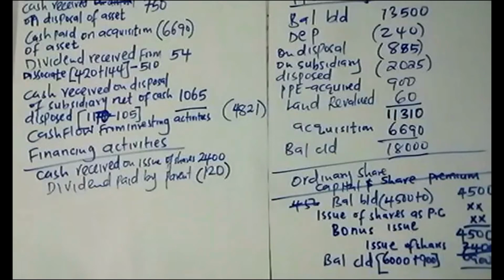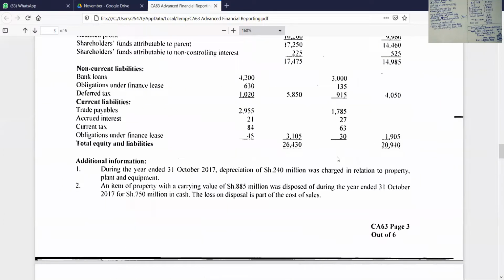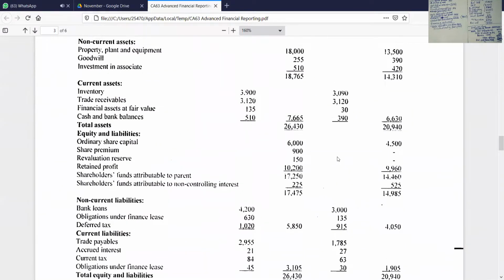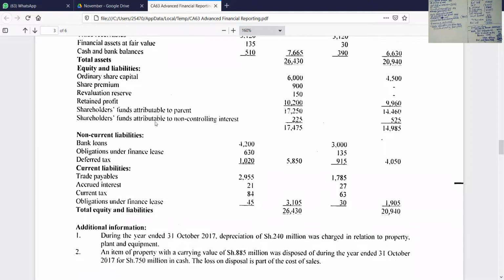After that, we have to talk about the next item in our balance sheet. Remember that after retained profit, there is the shareholders' fund attributable to parents. That is the total of this equity part. Then there is the shareholders' fund attributable to non-controlling interest.